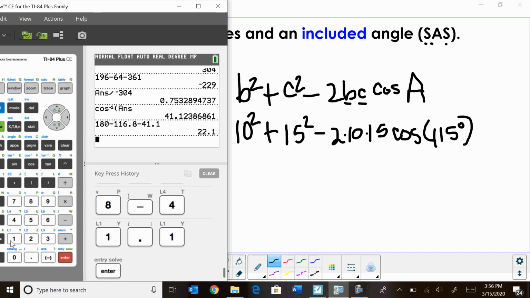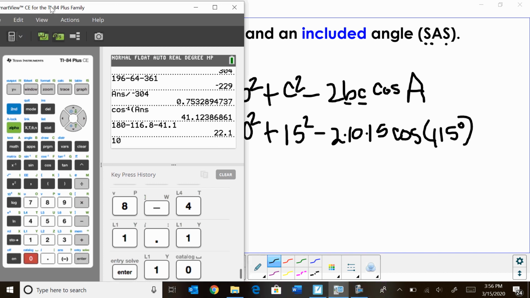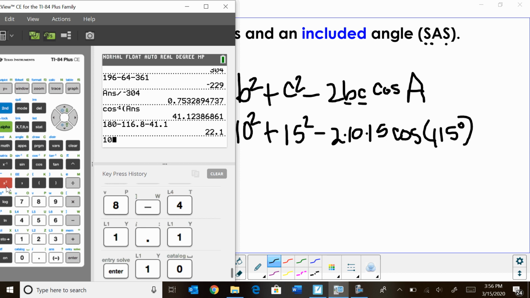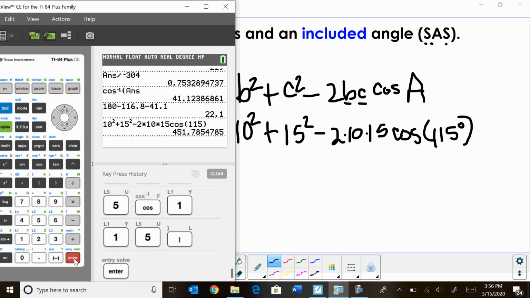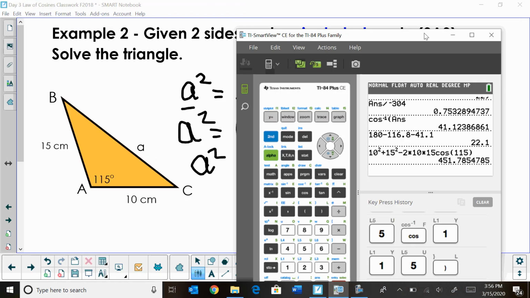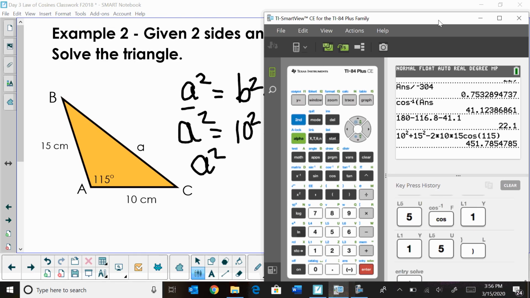So we have 10 squared plus 15 squared minus 2 times 10 times 15, all times the cosine of 115 degrees. Hit enter, and that gives us A squared. So don't be tricked and think, oh, 451, that side's 451.